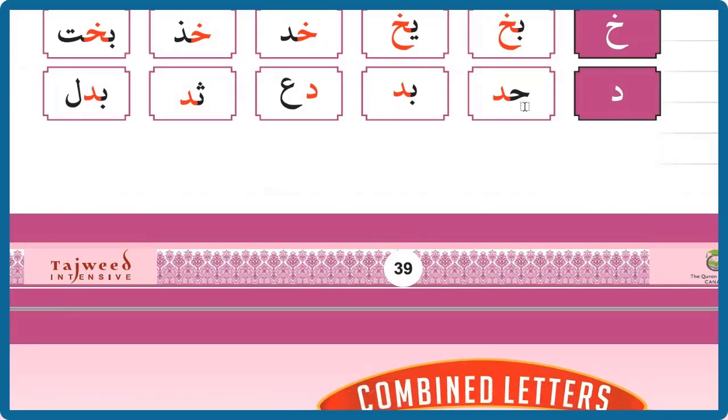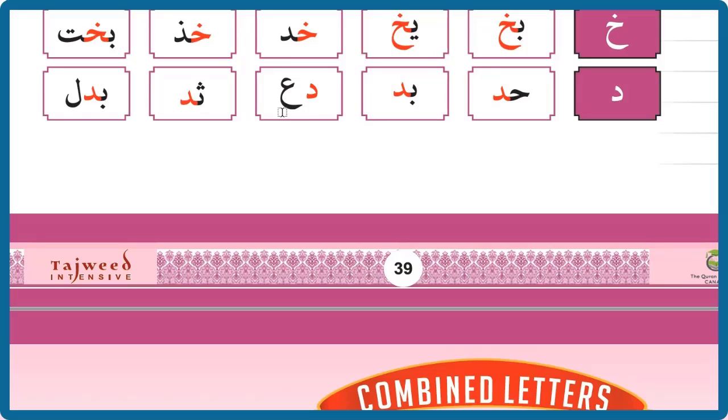So now, dal, the first letter from the right hand side. Ha, ha, dal, ba, dal. Dal, you see, middle of your throat. Ha.